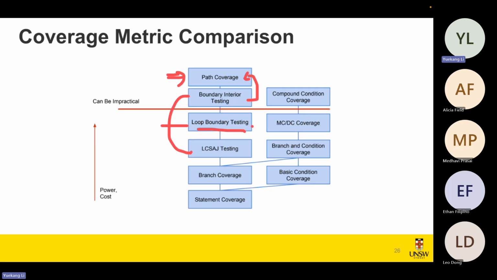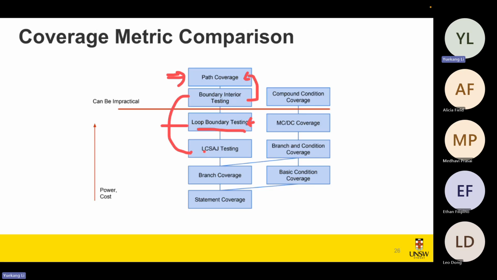However, in practice, this will not lead to exactly 3 test cases, because we have seen that sometimes it's impossible to create some test cases. And sometimes, because of nested loops and concatenated loops, we may create more test cases for loop boundary testing.